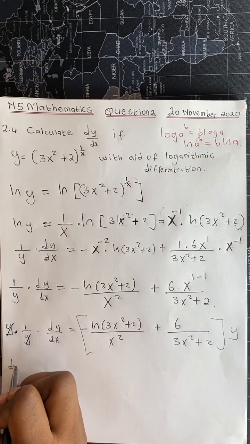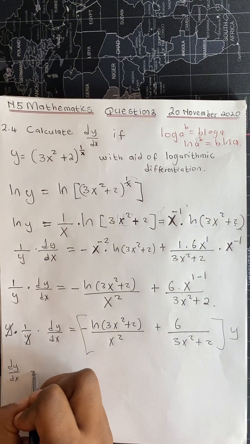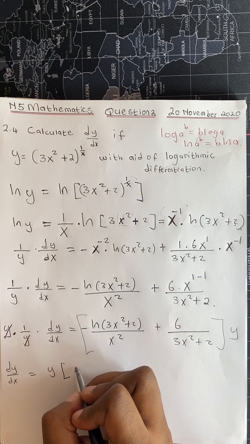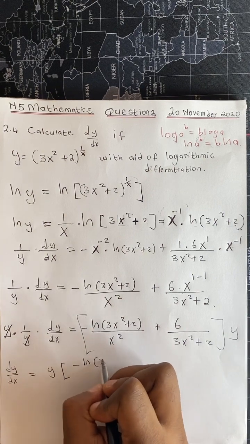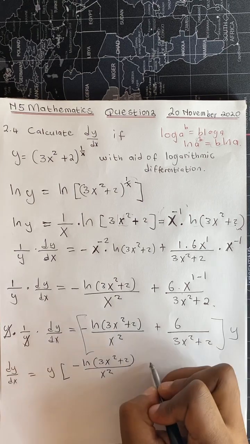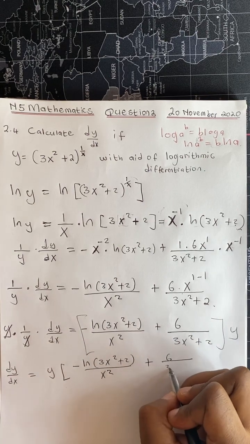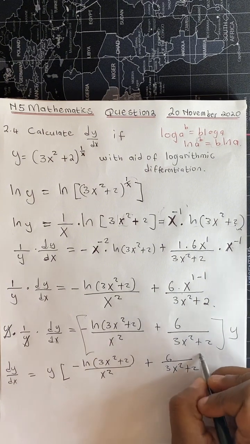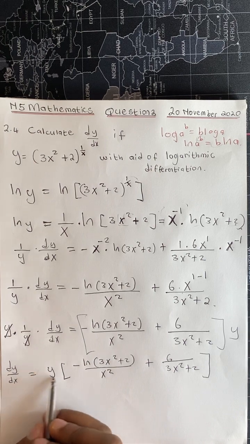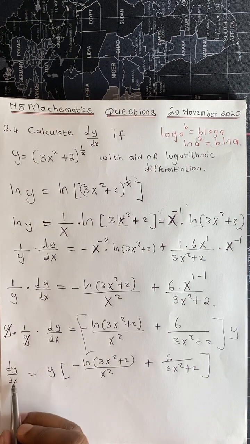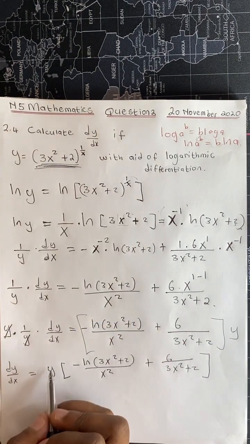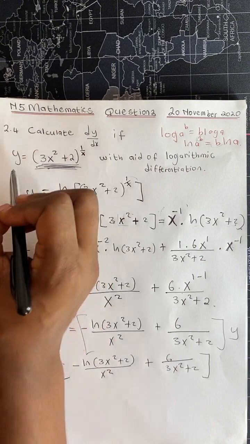So dy over dx will be equals to y multiplied. So that y, let's bring it to the forefront. Since we are not differentiating implicitly, we cannot have y as part of our solution after we differentiate. But we know that y is equals to that. So in the place of this y, we substitute that because that is equals to y.